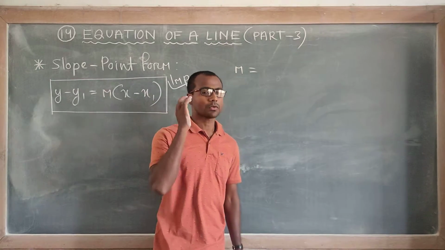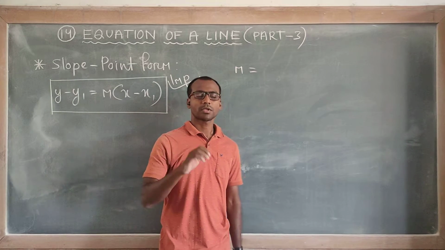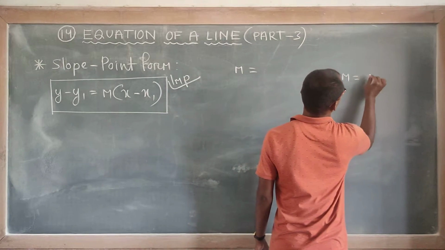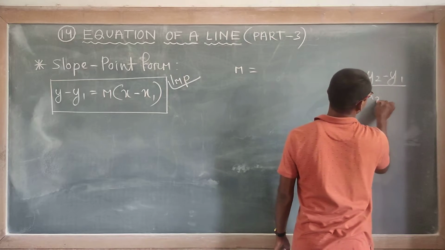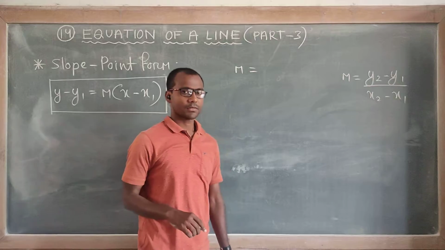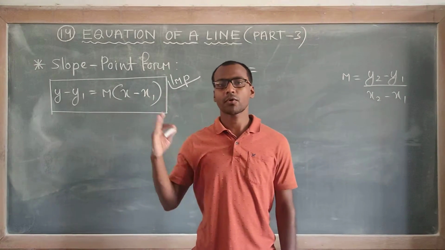Suppose theta is also not given, but 2 points will be given. Then using the formula y2 minus y1 by x2 minus x1, you can find the slope of the line. The first step is slope, it is important. After finding slope, go for other values.